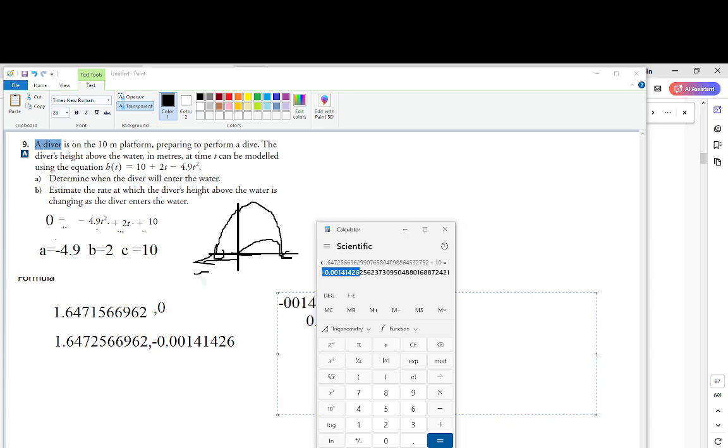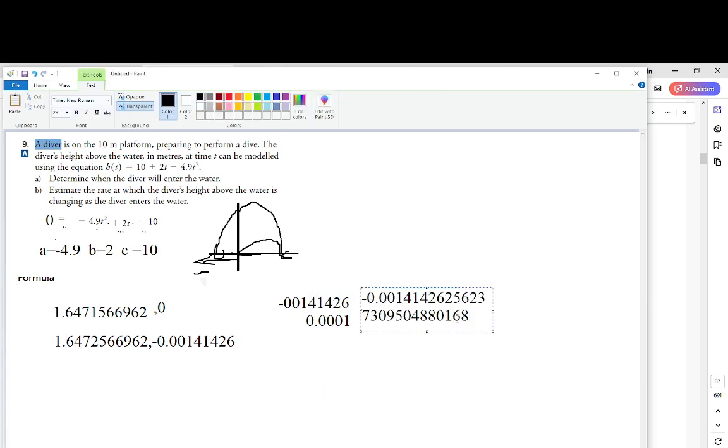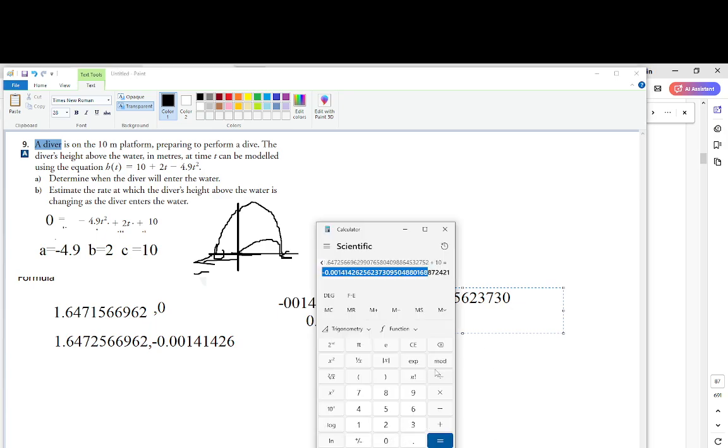Yeah, I missed the, I'll take the whole thing. Don't need that many zeros, just enough. And then when I divide it by 0.0001, I get this, negative 14.142.